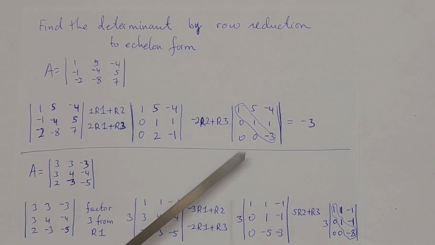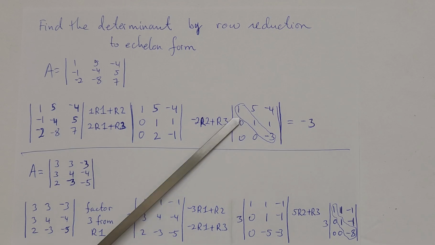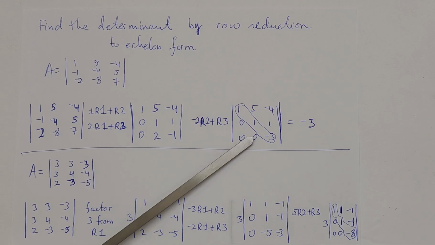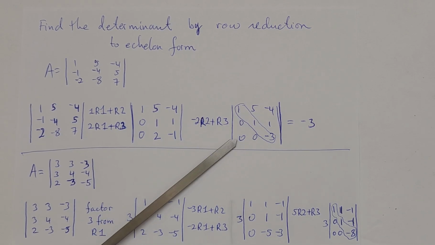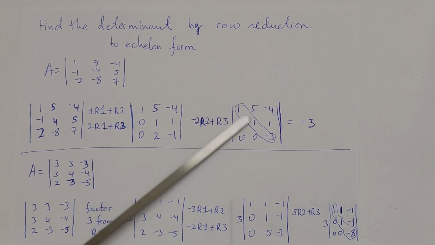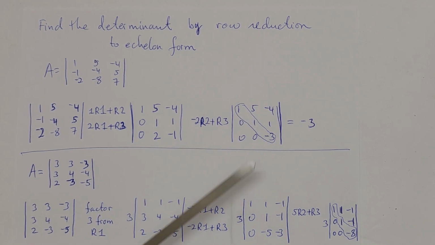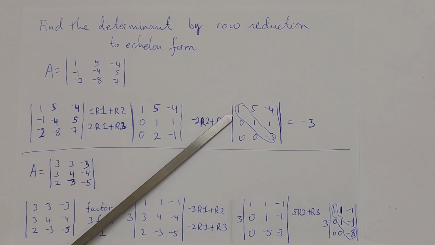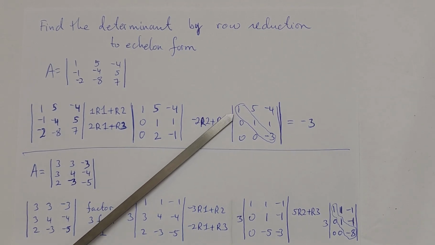And as you can see, the bottom left corner here is all 0. So now we just multiply the diagonal. When I have 0 here, here, and here, we can stop solving for it. And then we just multiply the diagonal. Again, this right here is our upper triangle from the LU factorization lesson.